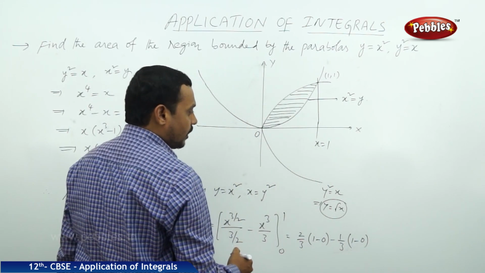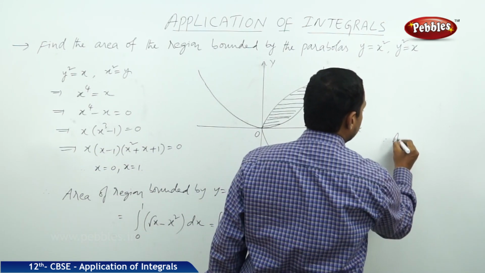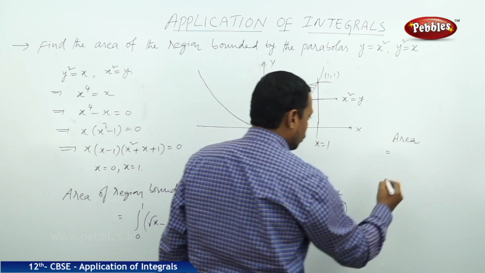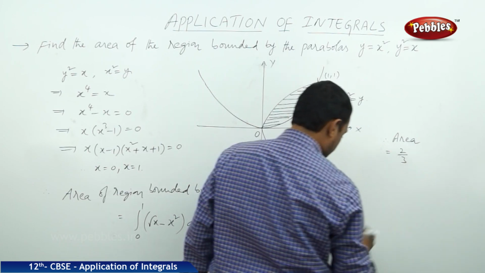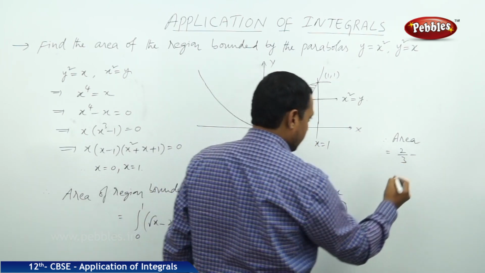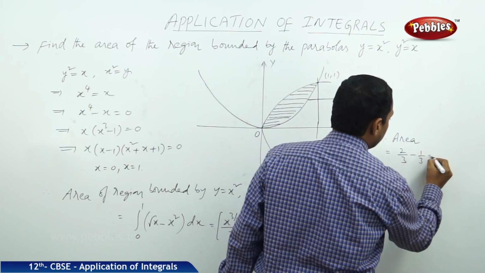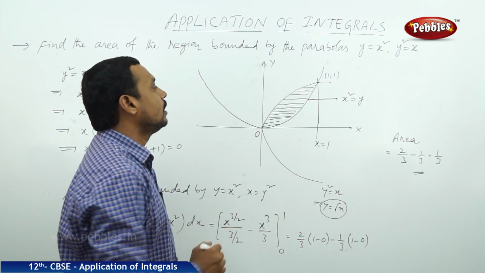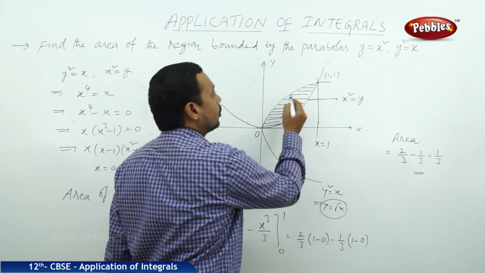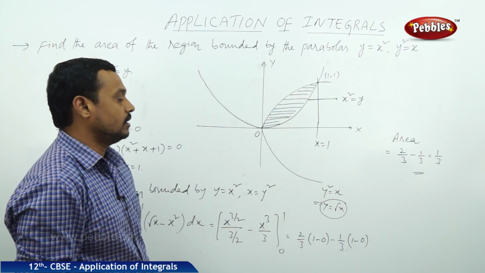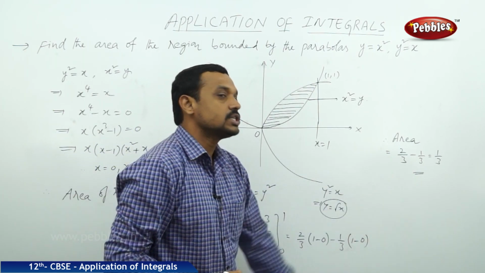Therefore finally the area is 2/3 minus 1/3, which is 1/3. Hence the area between the two parabolas y = x square and x = y square is 1/3 square units.